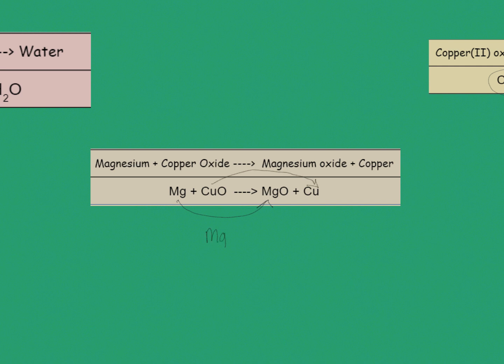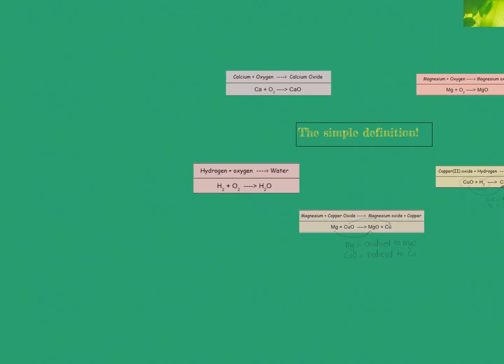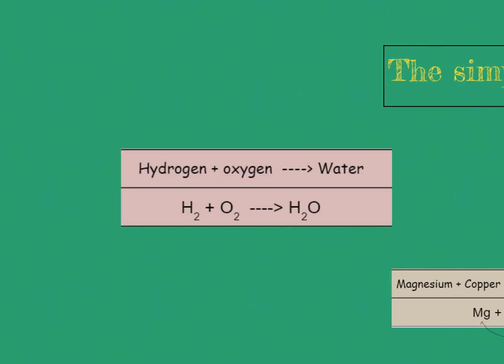So we say the Mg has gained the oxygen, so it's been oxidized to MgO, and the CuO, or the copper oxide, has been reduced to copper. Let's try one more. If you're thinking, really, it's that easy? For this definition of redox, it absolutely is.